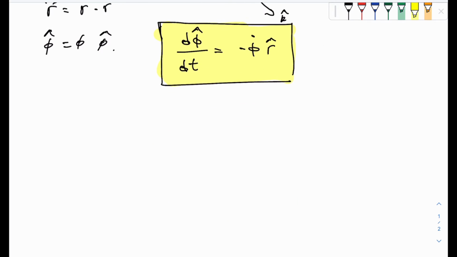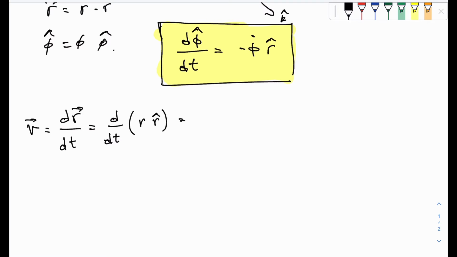Now when you write the velocity, you have d over dt of r times r hat, which is going to be r dot in the r direction plus r times the derivative of the unit vector with respect to t.